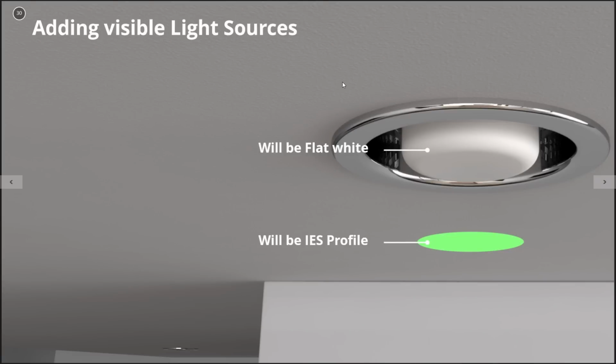So for example, here, that little portion that you see, I can change that to a flat white, which is going to be the brightest thing in my scene, almost maybe too bright, but then that looks like a light source, and underneath it is actually where I'm sneakily loading in that IES profile. And again, we'll run through this in the hands-on, but it is worth mentioning just because it is a good way if you want to see those light sources. Then you can just model in a piece of geometry.